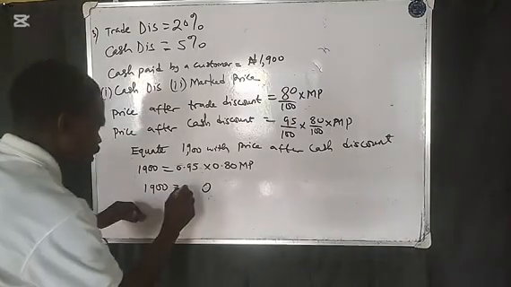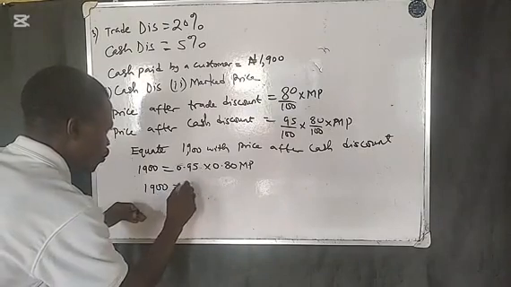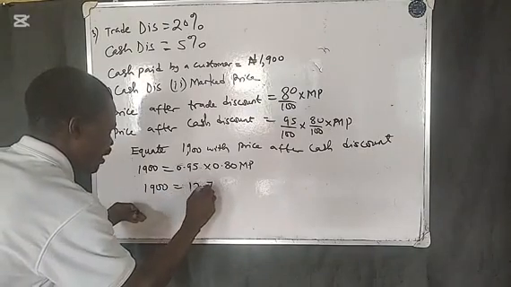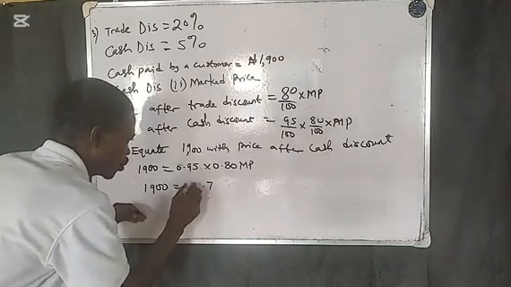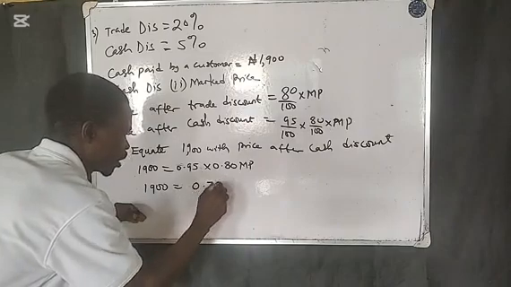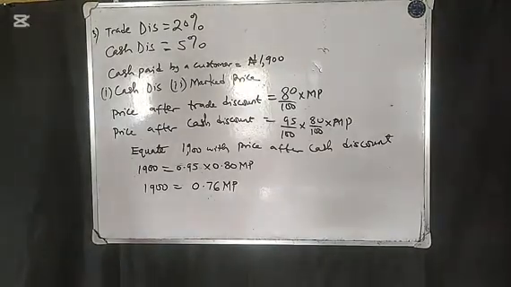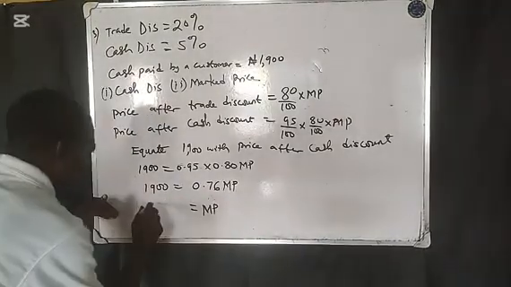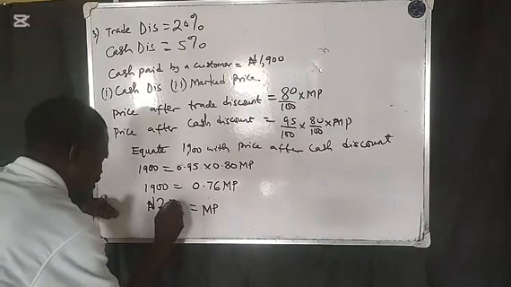Plus 4, 76. So 0.76, abi? 0.76 MP, right? Is that okay? So divide both sides by 0.76. 2,500. That's our marked price.